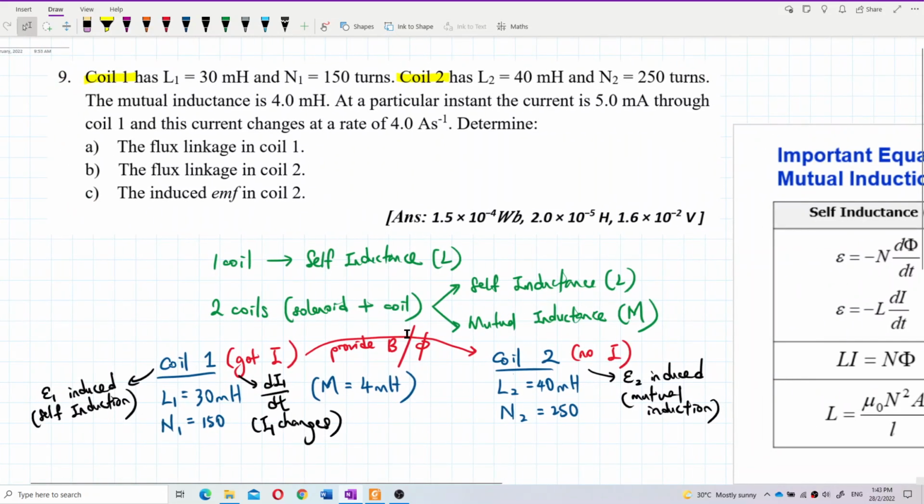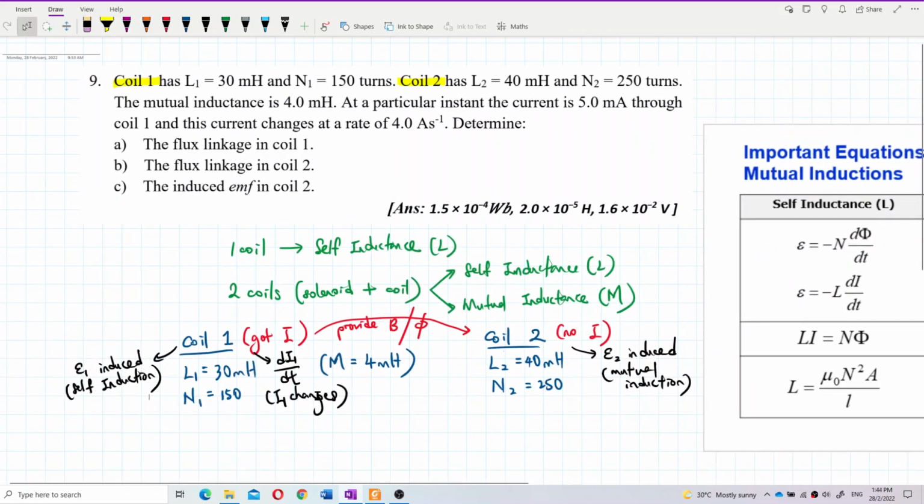Right now I have all the information already. I still haven't put in these values. This current of 5 milliampere is through coil 1, so that is I1. Coil 1 has current, so that's I1, at a particular instant, 5 milliampere.